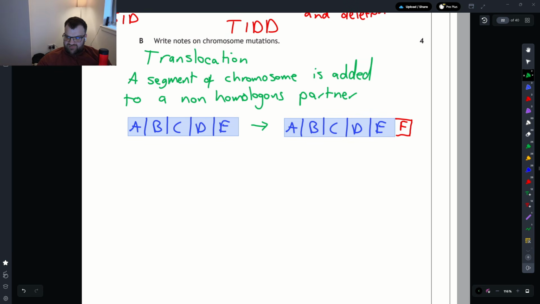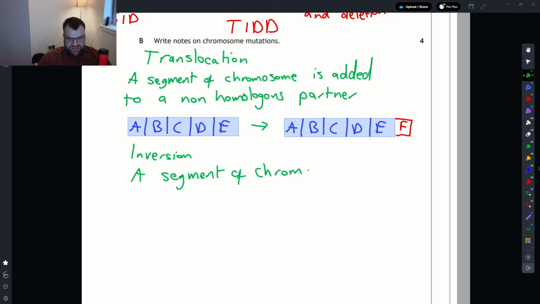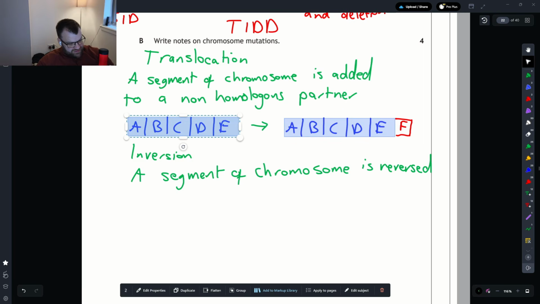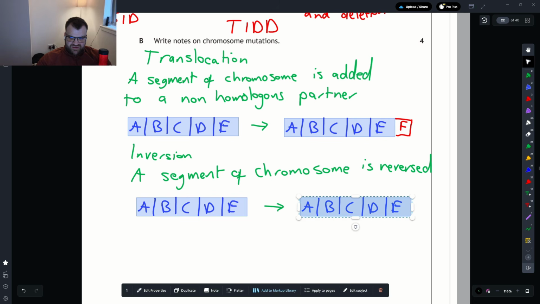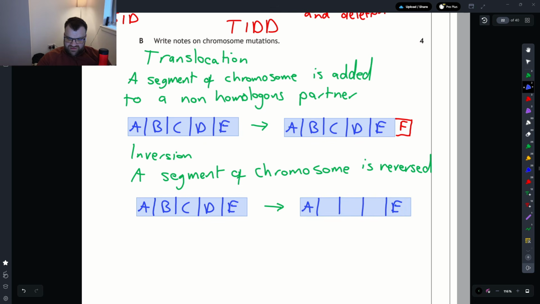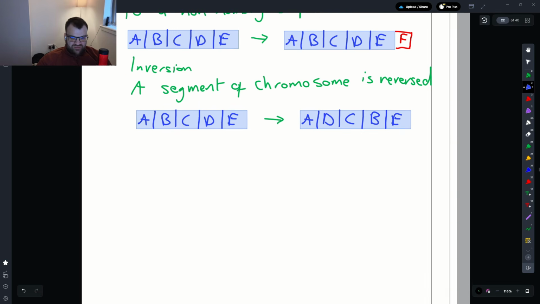So I for inversion. So in this one, a segment of chromosome is rotated, flipped, reversed. So using my wonderful example, this is where instead of having A, B, C, D, some of them would appear in the reversed order. So then we'd have D, C, and B for that one.